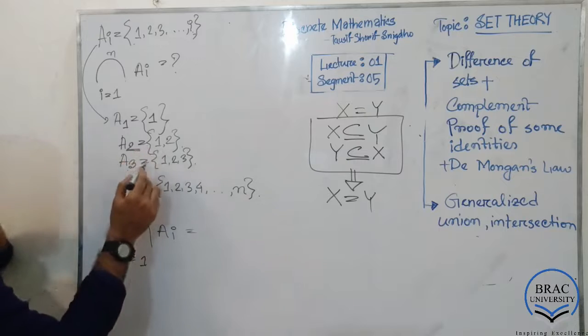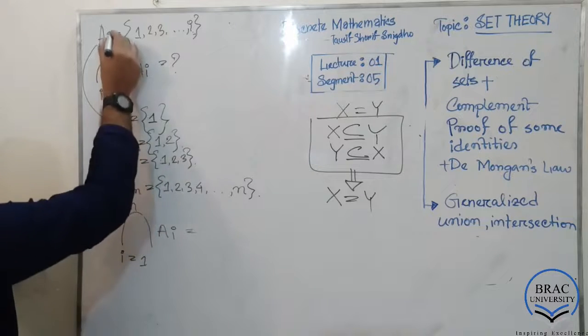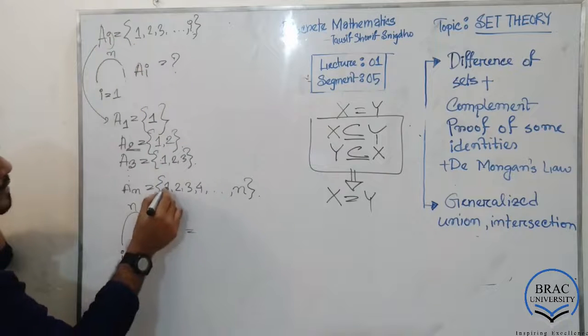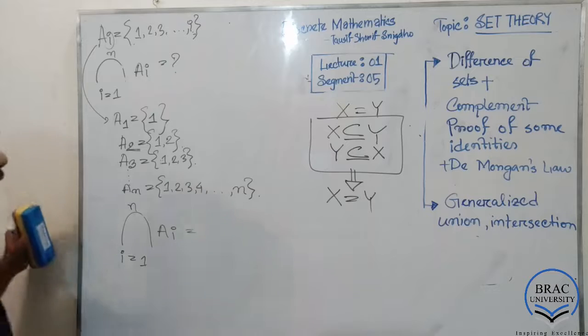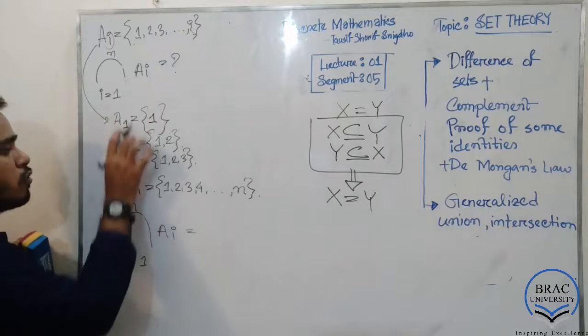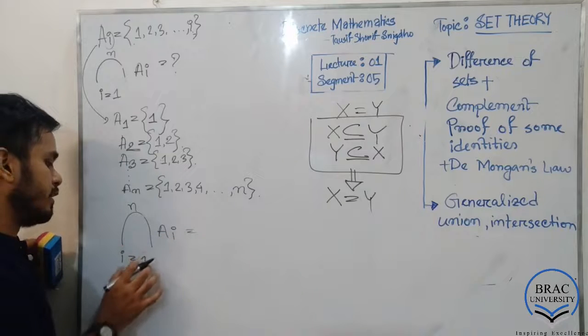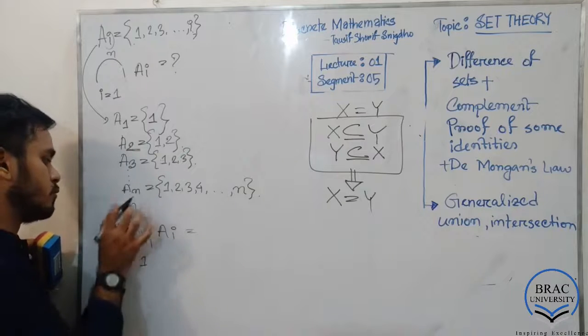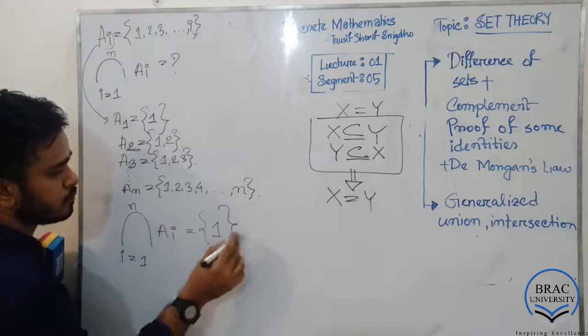Here A2 starts with 1, A3 starts with 1, and for any value of this i, there is always 1, right? So it starts with 1, always. So for all of these sets, the only common element is 1. So the intersection of Ai, where i goes from 1 to n, is {1}.